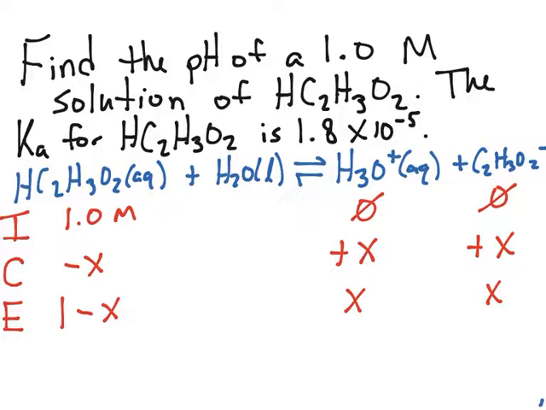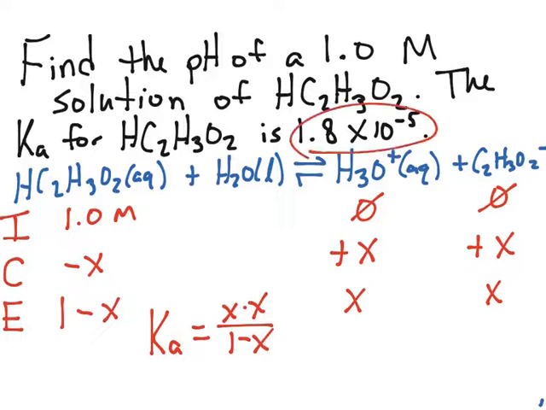Now, if you were to set up an equilibrium expression for this, it would look something like Ka equals X times X over 1 minus X. Now, we do actually know a Ka value, so we could try to solve for X here. The problem is when you go to do that, you're going to have to incorporate the quadratic formula because of this horrible 1 minus X down here in the bottom.